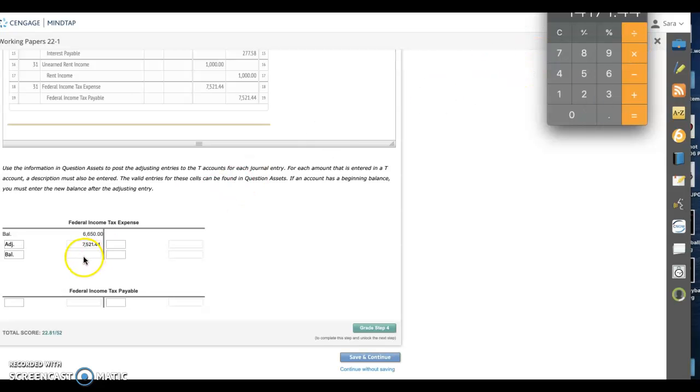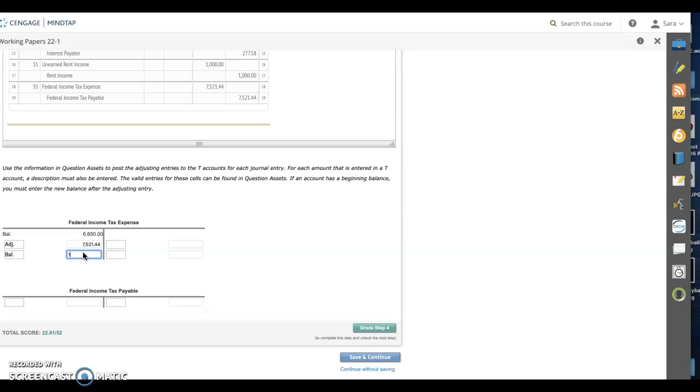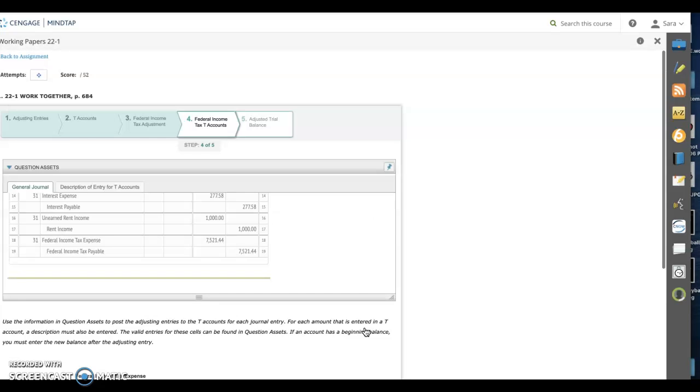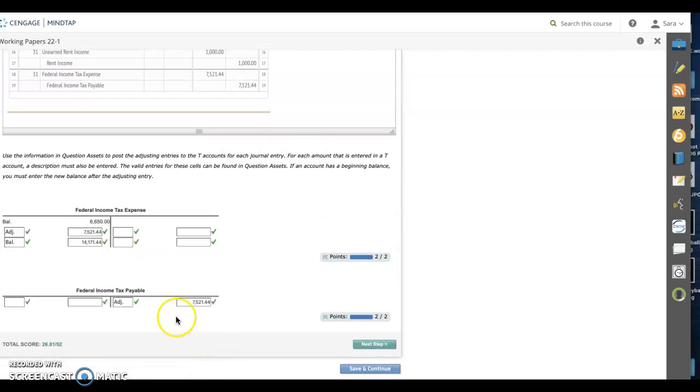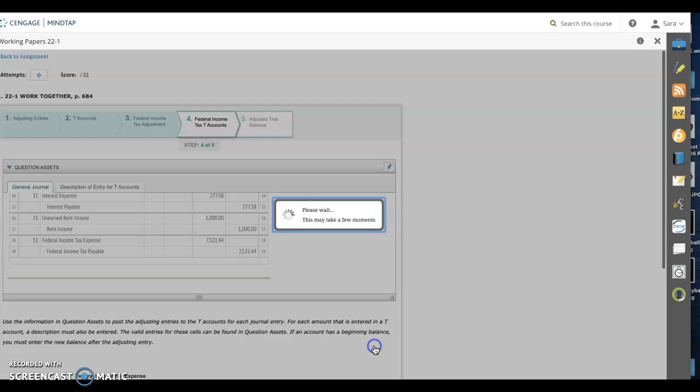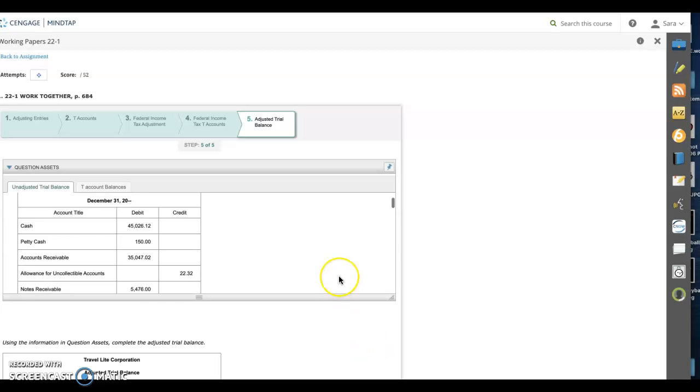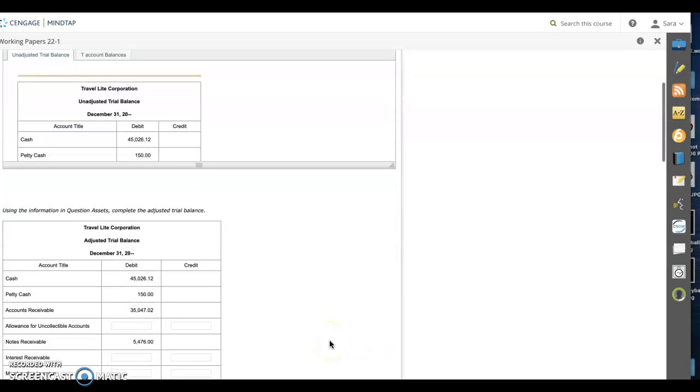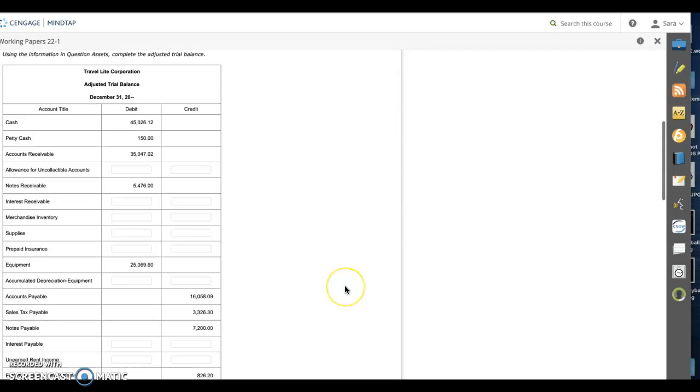So $14,171.44. And then federal income tax payable is going to be an adjustment on the credit side of $7,521.44. Okay, got that correct.